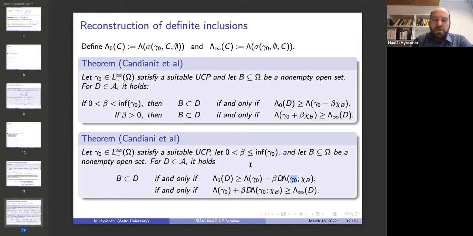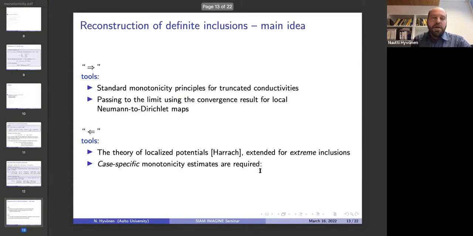so that's not new. What is new is that we can do this also for ideally conducting or ideally insulating inclusions. And then due to time restrictions, I will just briefly say how these proofs work. The only if part is easy, so you just use the standard monotonicity principle for truncated conductivities and then pass to the limit.